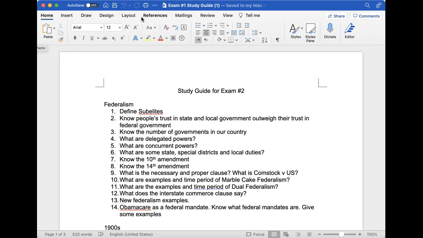Comstock was an inmate that was detained past his release date. The Adam Walsh Child Protection and Safety Act made it okay for governments to detain people past their release date if they're still considered to be a danger to society.